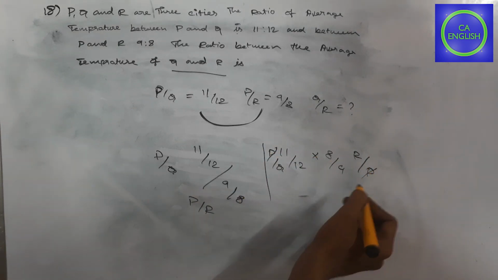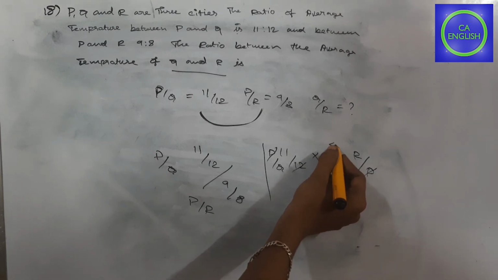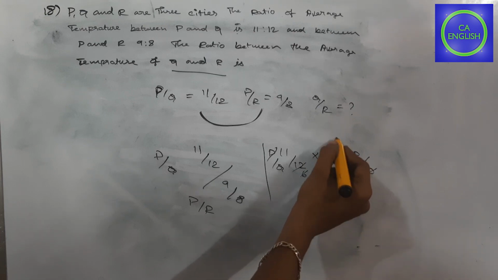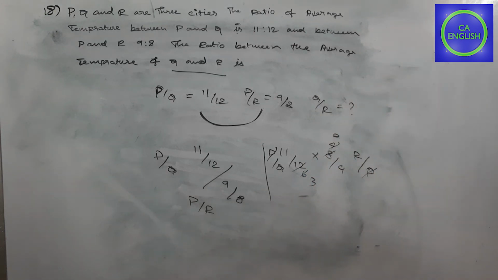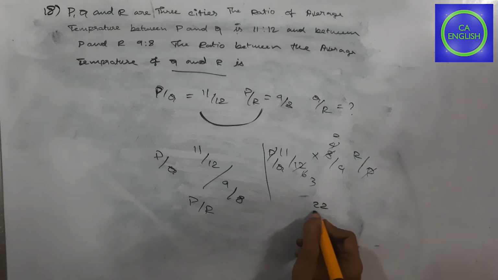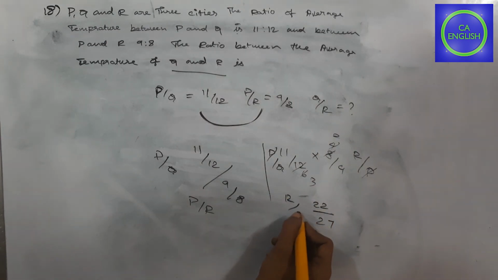P and P can be cancelled, and 12, 4, 6 and 3, and here 2, and the answer will be 22 by 27. It is R divided by Q.